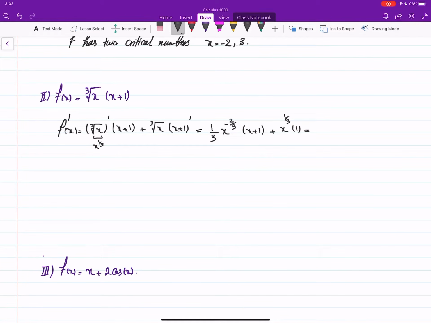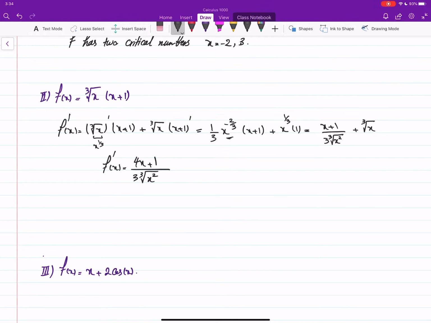Let's simplify. This factor goes to the denominator, so we have x plus 1 over 3 times the third root of x squared, plus the third root of x. Simplified, this gives us 4x plus 1 over 3 times the third root of x squared.